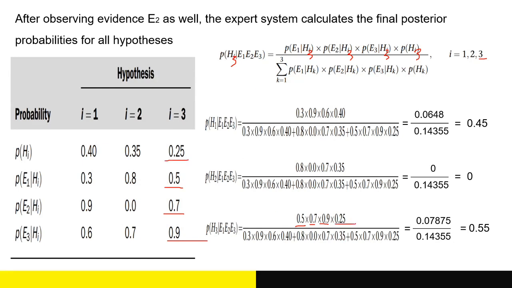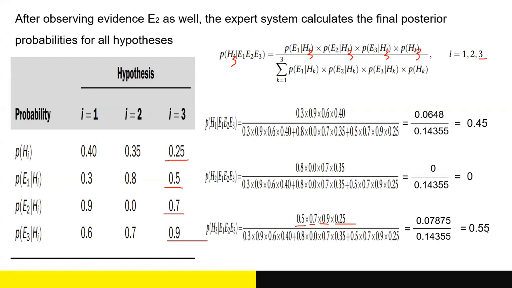If we multiply them, the product is 0.07875, and then same process as earlier, so we copy this one. So the probability of hypothesis 3 given evidence 1, evidence 2, and evidence 3 is equal to 0.55.